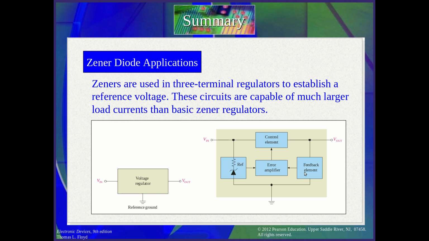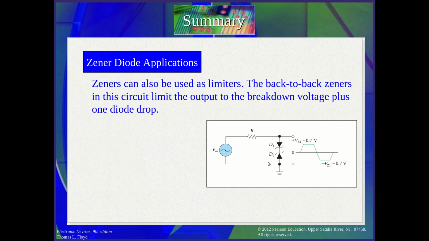If the feedback is low or high, there is an error amplifier that returns it back, and we take the reference from the Zener circuit. So it works like this: we fix the voltage output, whatever the voltage input, and we calculate the error here. Now the Zener diode is a limiter, if you remember from the last lecture.